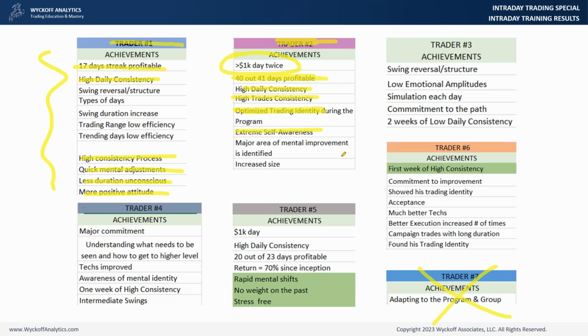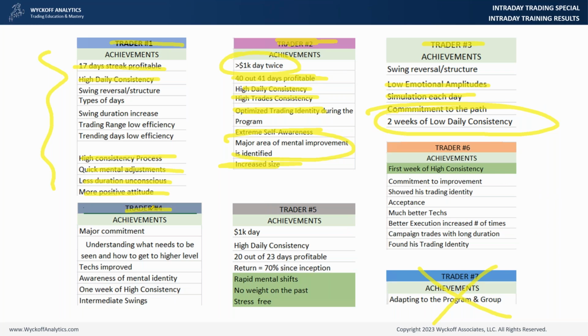A major area of mental improvement is identified, so we know what to work on, and increased size. So that was extremely important. Trader number 3, I like the low emotional amplitudes there, simulation each day, commitment to the path, and we had 2 weeks of low daily consistency. So this means that for a week, the trader is profitable, and then we have at least 3 days of profitability.